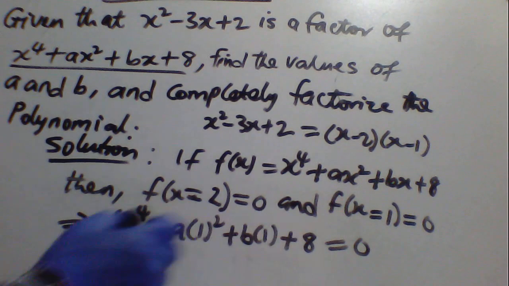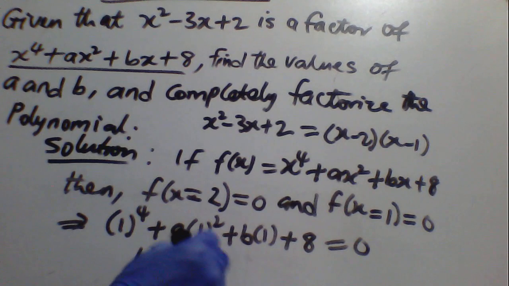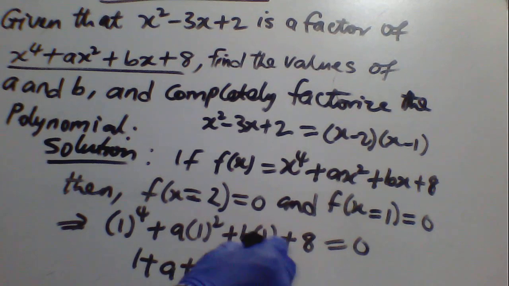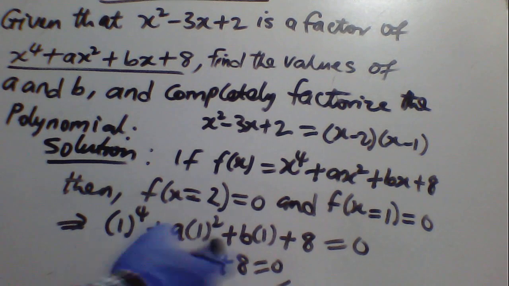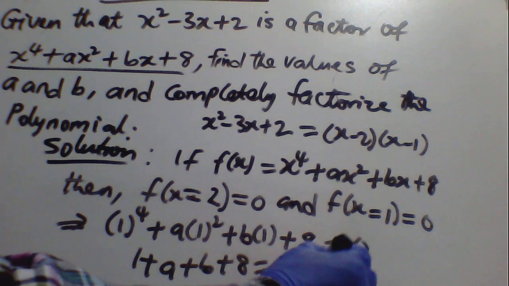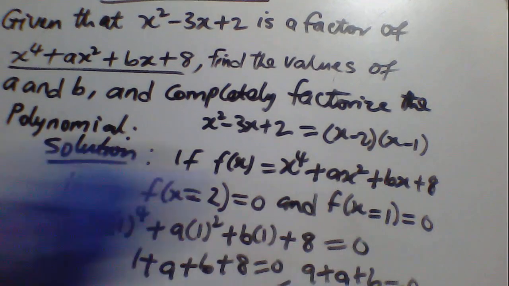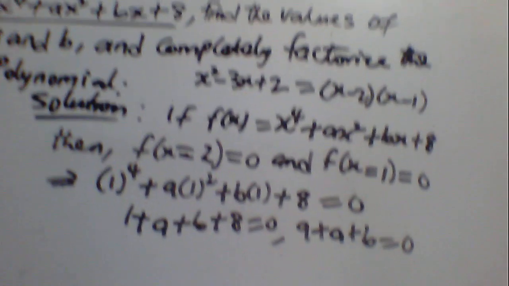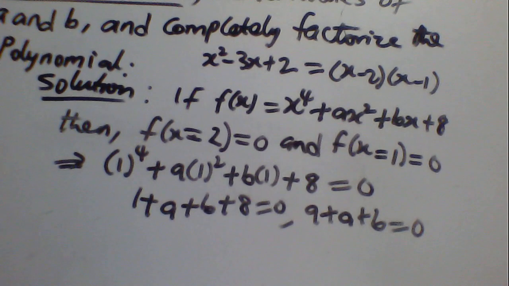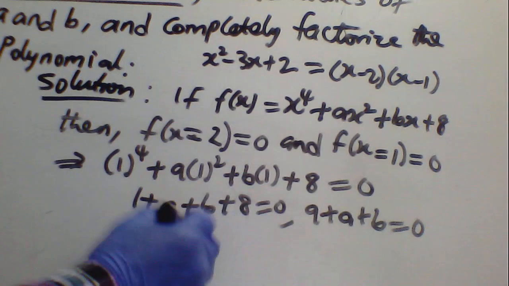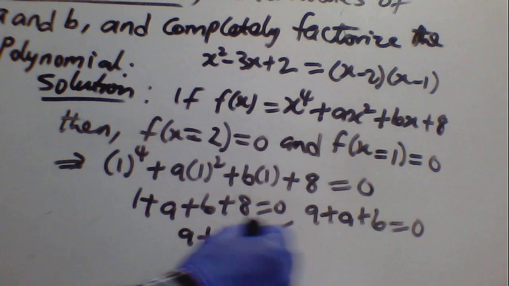So from here we have 1 plus a plus b plus 8 is equal to 0. In this case 1 plus 8 is 9, plus a plus b, and this is equal to 0. The next thing is to let 9 go to the other side. You have a plus b is equal to minus 9.